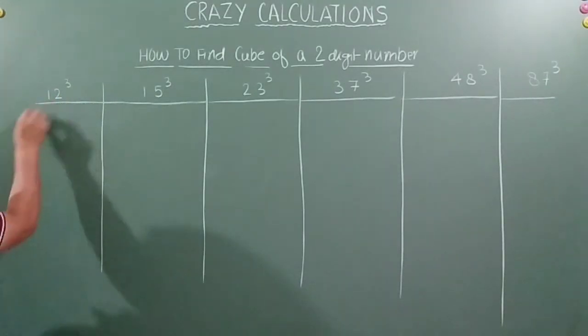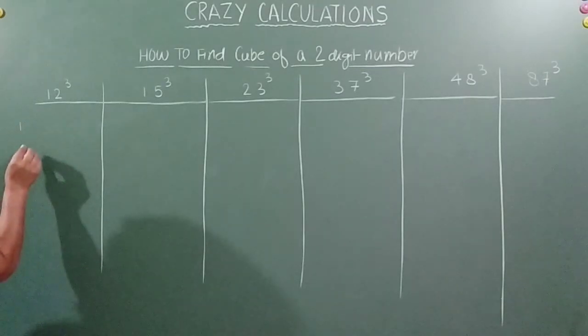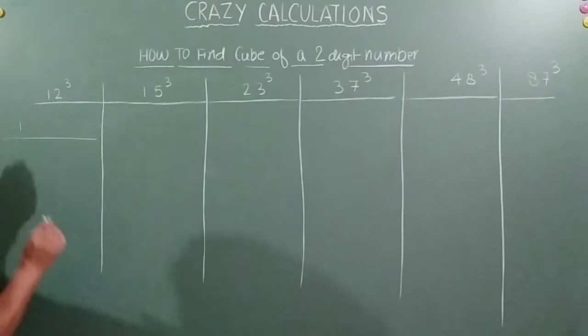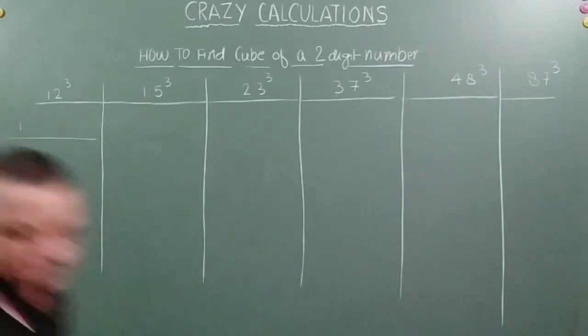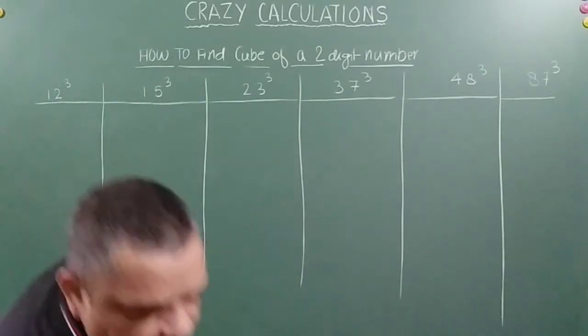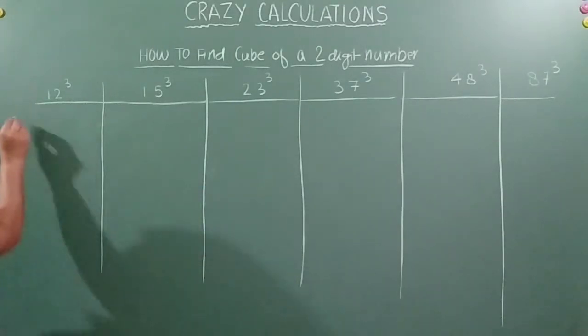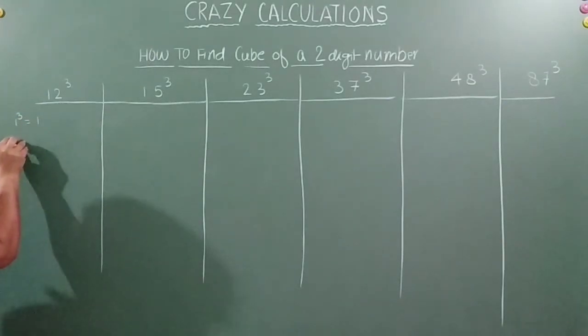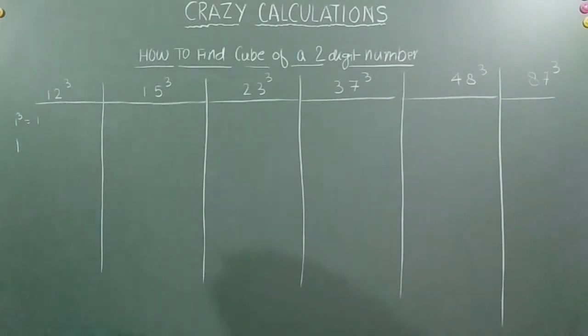This one is nothing but 1 cube. Let me explain it in detail. 1 cube is equal to 1, so we will write the first digit here. We will fix it, 1.